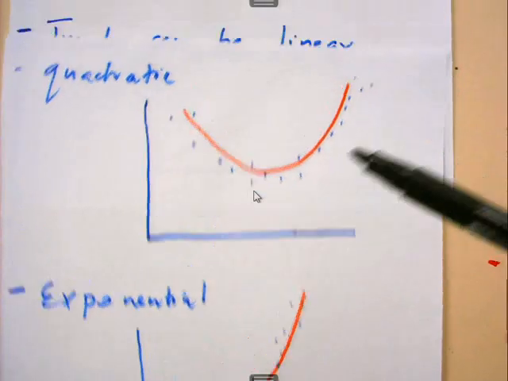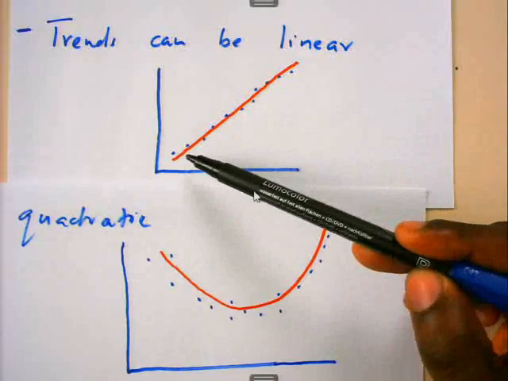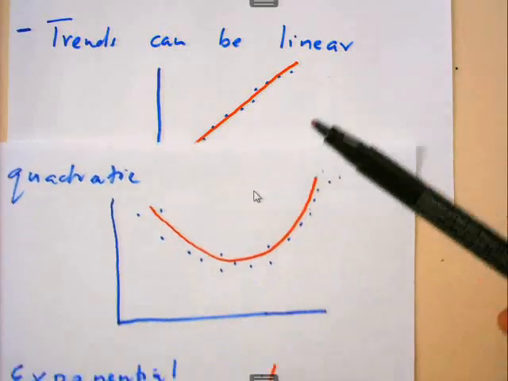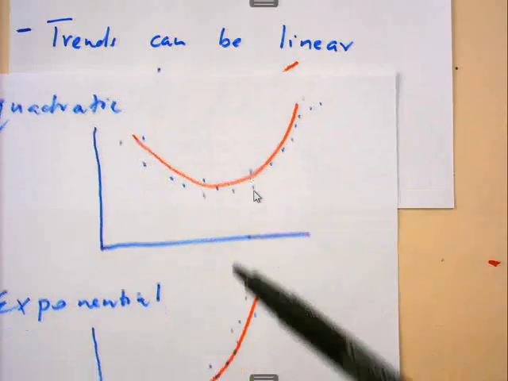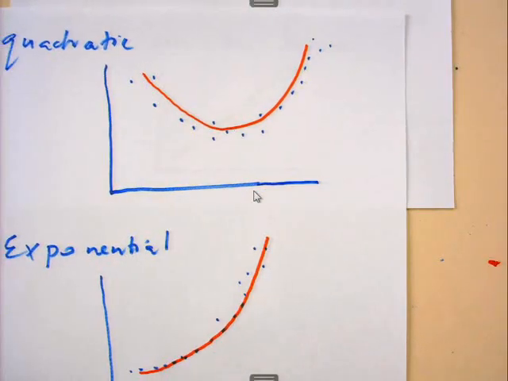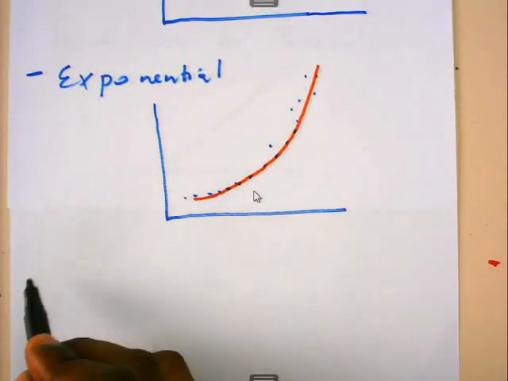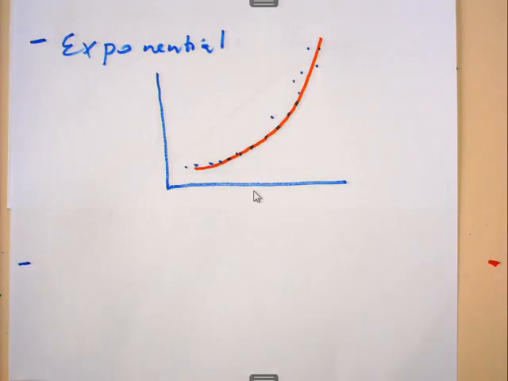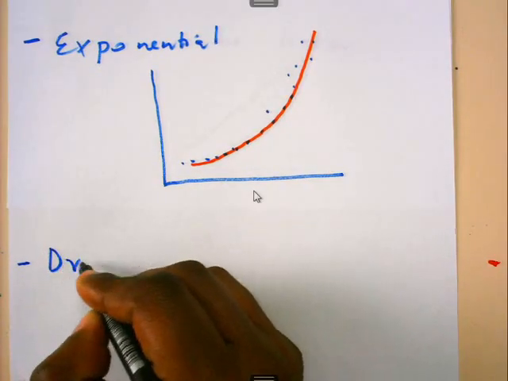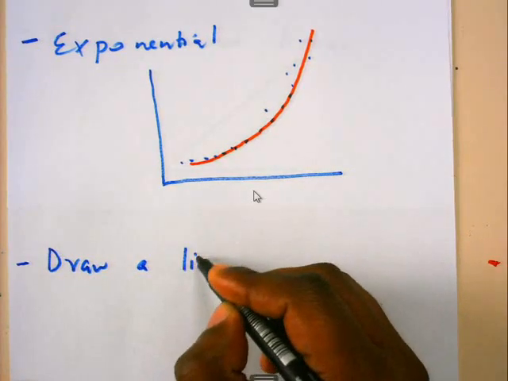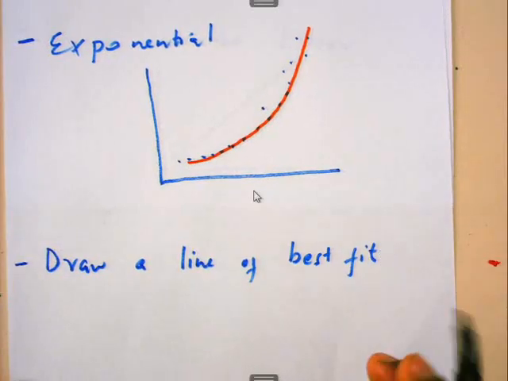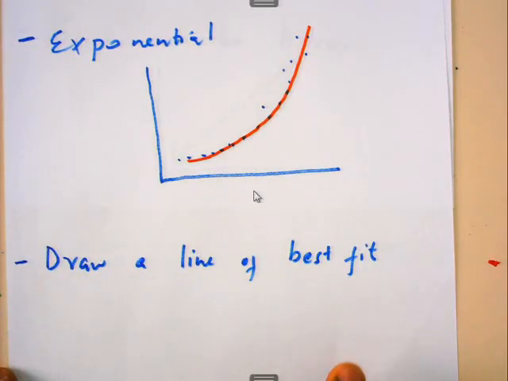Already you see that with the trends, you are able to draw a certain line, whether it's a linear kind of line, a quadratic kind of shape, or an exponential kind of shape. It means that on a scatter plot, I want us to write that down, we can also draw the line of best fit.